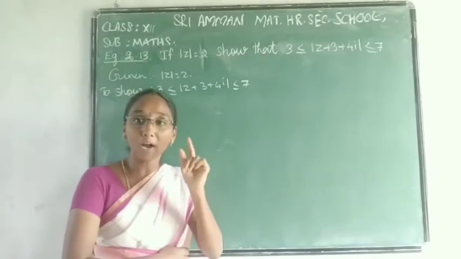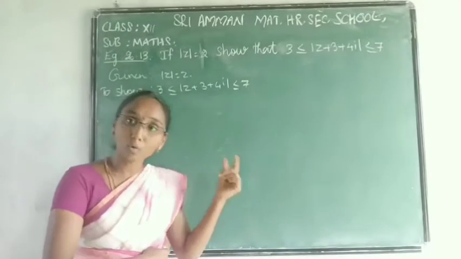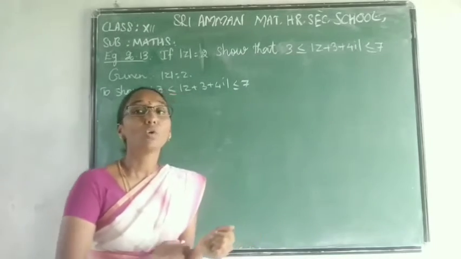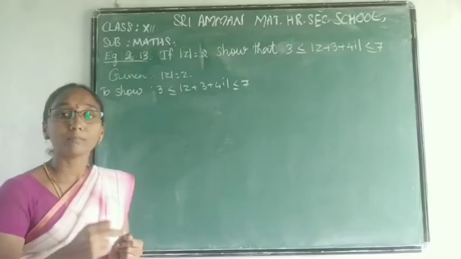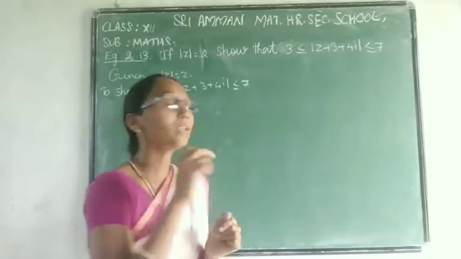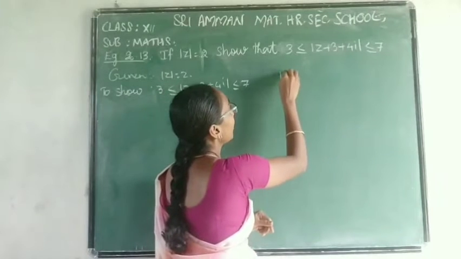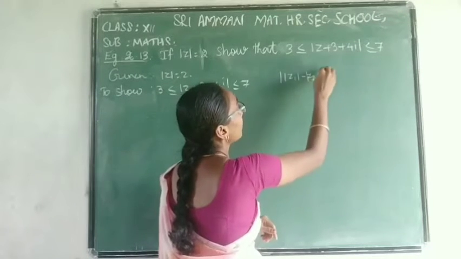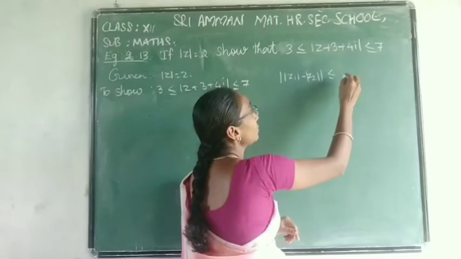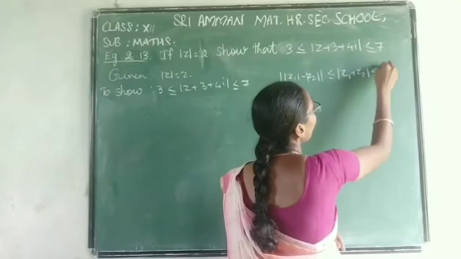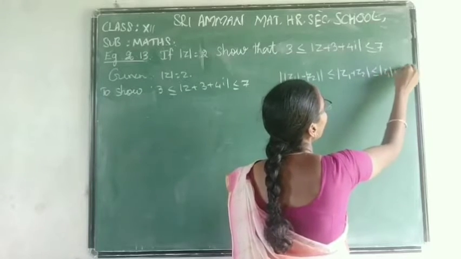If you show the lower bound and then the upper bound, you already know the property. All the properties were proved earlier. In this property I explained, whole modulus of z1 minus z2 is less than or equal to modulus of z1 plus z2, which is less than or equal to modulus of z1 plus modulus of z2.